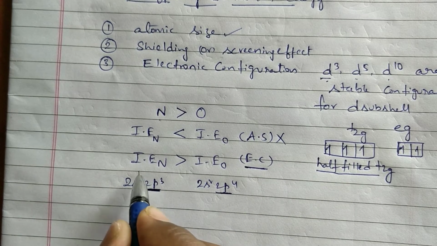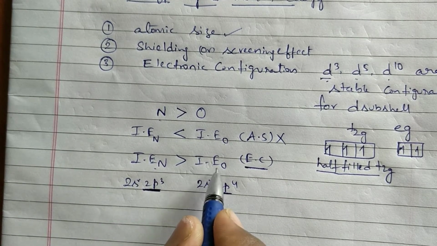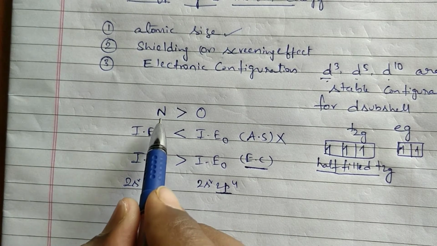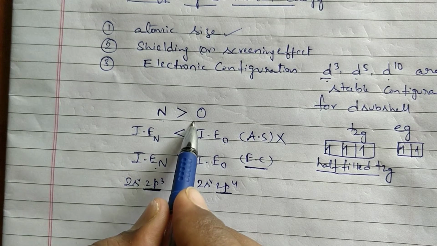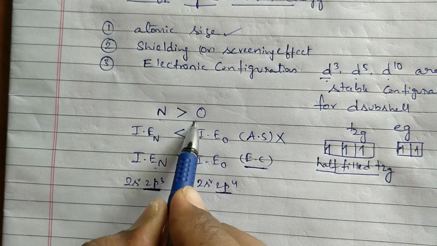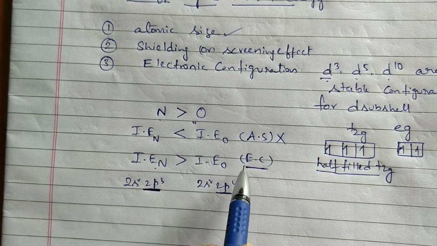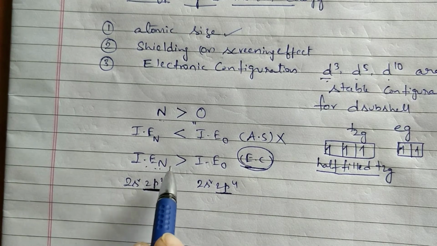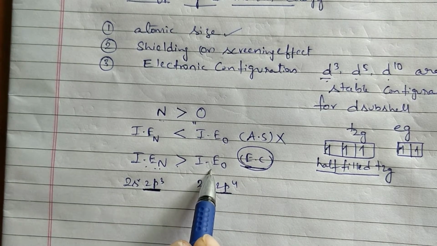That's why the ionization energy of nitrogen is greater than that of oxygen, even though nitrogen's atomic size is greater than oxygen's. Depending on electronic configuration, the ionization energy of nitrogen is greater than oxygen. Is it right?